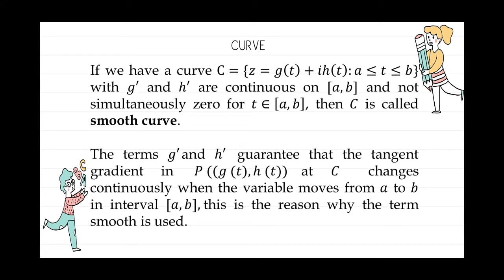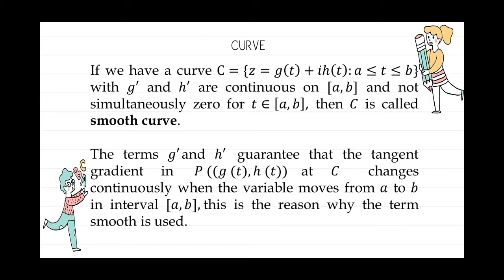If we have a curve C as a set of z equals g(t) plus ih(t), where a is less than or equal to t and t is less than or equal to b, with g prime and h prime continuous on the interval [a,b] and not simultaneously 0 for t an element of [a,b], then C is called a smooth curve.